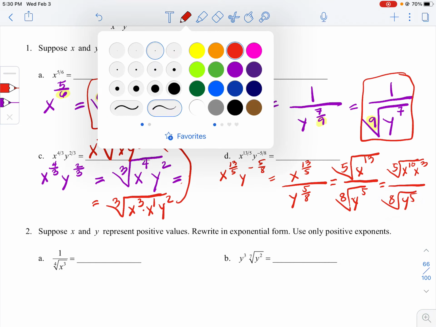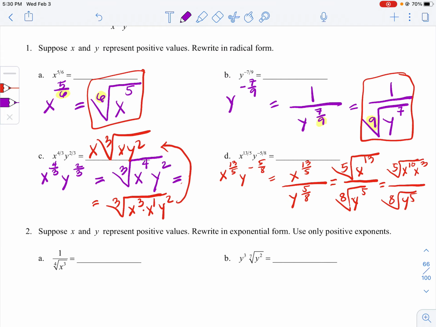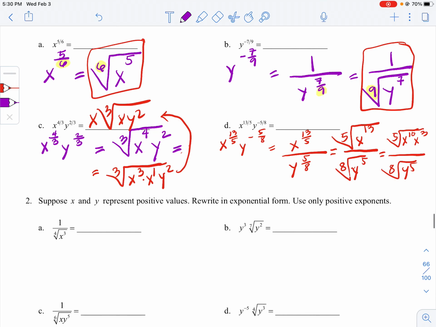So that would be, let's put the answer on the bottom, the space is very limited, equals. How many times does the 5 go into 10? Twice, right? Or 10 divided by 5.